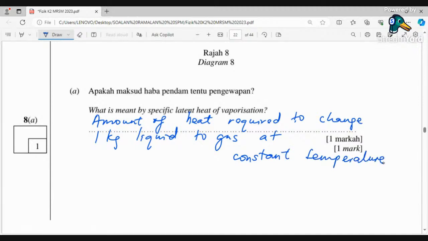Boleh penuh lengkap. Okay. Itu definition untuk specific. Specific kena ada ni 1 kg.